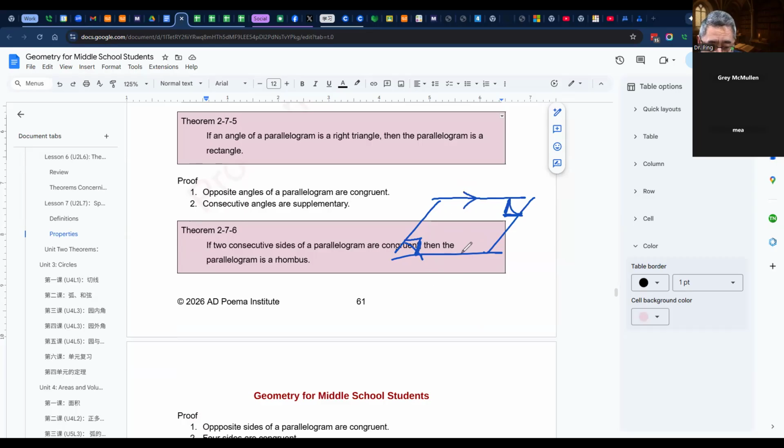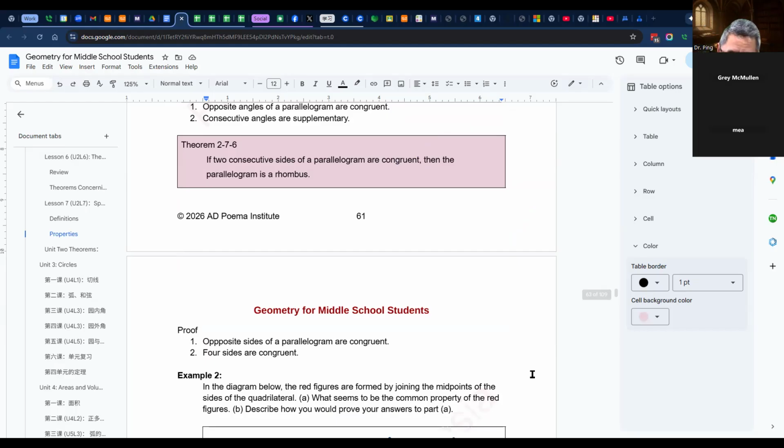And because this line and this line are parallel, this angle and this angle have to add up to 180. Since this is 90, this has to be 90. So therefore, same thing, this one has to be 90. So as long as you have one right angle in a parallelogram, that parallelogram has to be a rectangle. Okay, are we good on this one?